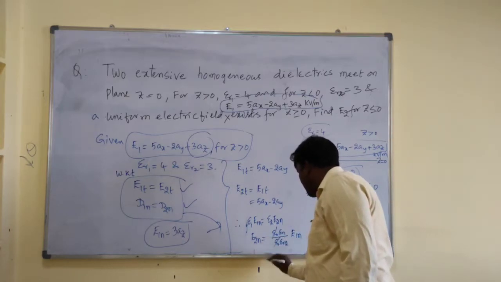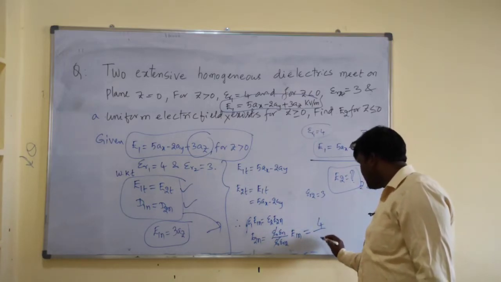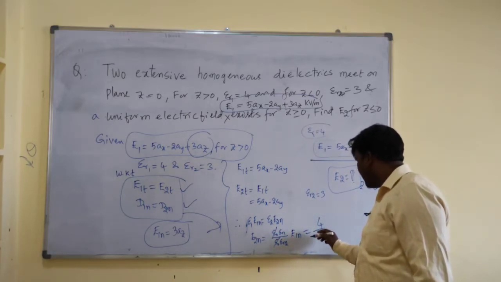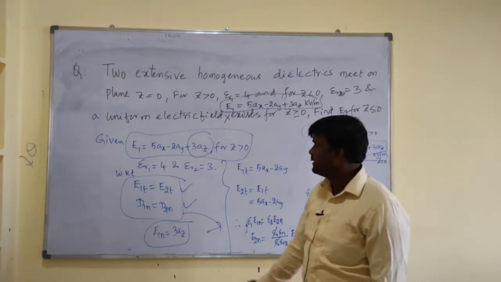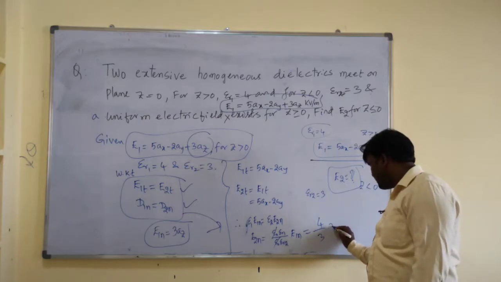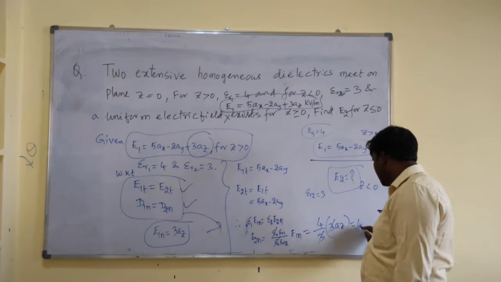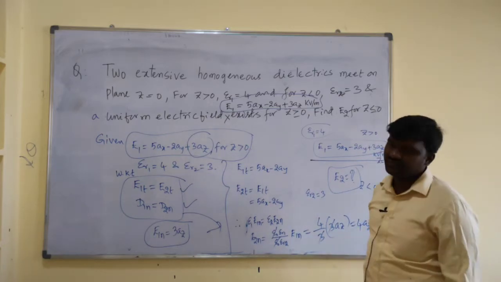This epsilon naught cancels out. Epsilon r1 is 4, epsilon r2 is 3, and E1n, the normal component of E1, is 3az. So, here 3 cancels out. Finally, we get 4az.